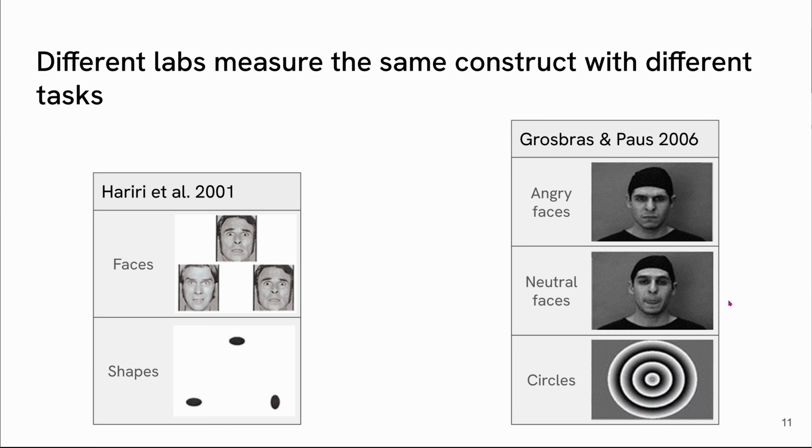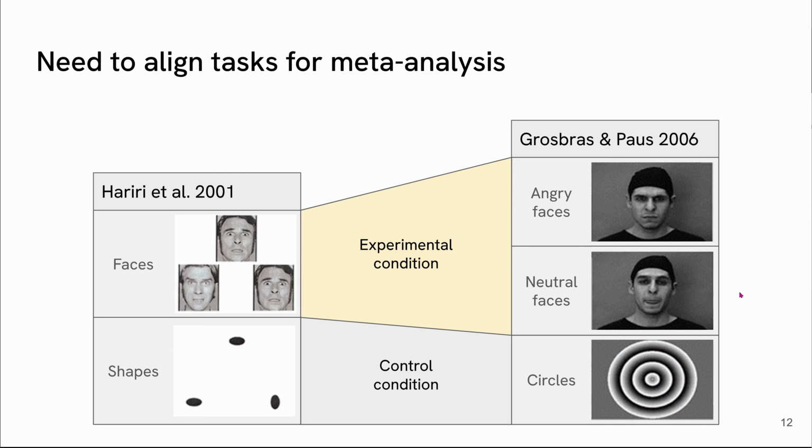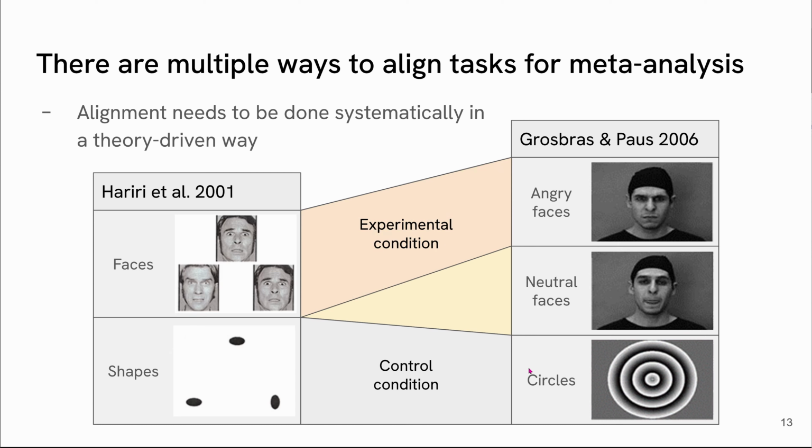So if we now want to do a meta-analysis, how do we combine them? Do we just say, well, everything that shows faces is now our experimental condition, and we put that together in one meta-analysis? And then everything that does not show faces is the control condition. But we could also say, well, all of the faces here are showing negative emotions, so let's only meta-analyze them together with the angry faces from this study.